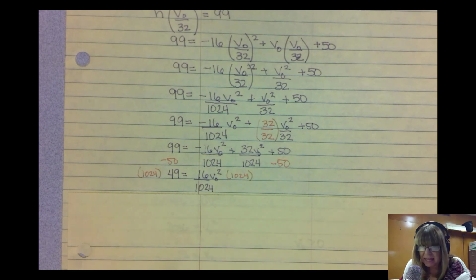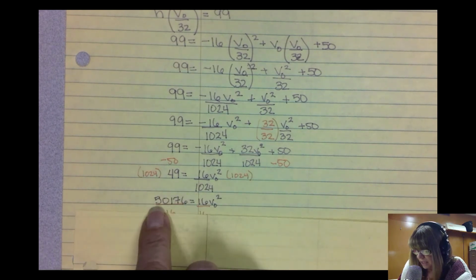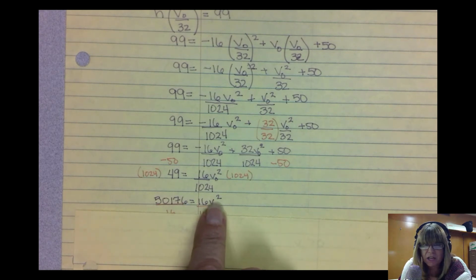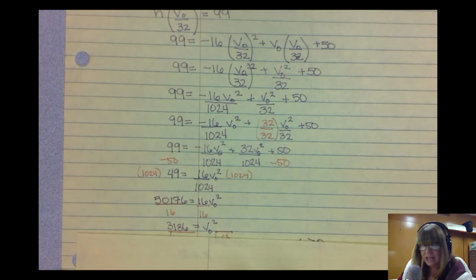Okay, we're getting there. Just hang in there. I get 50,176 equals 16 times our velocity squared. I'm going to divide by 16 to both sides. I get 3,136 equals our velocity squared.